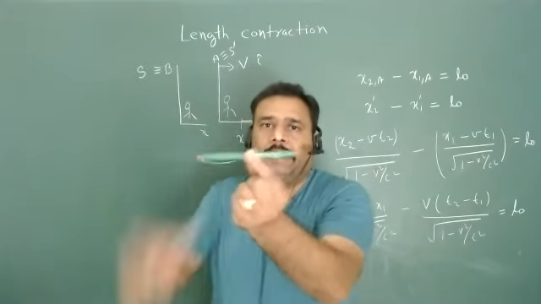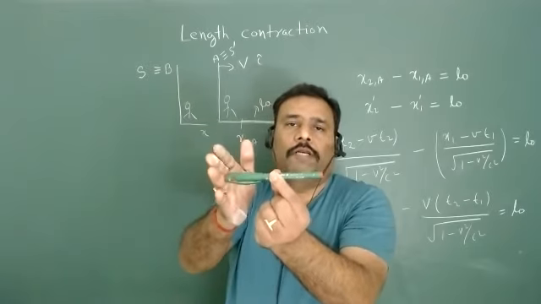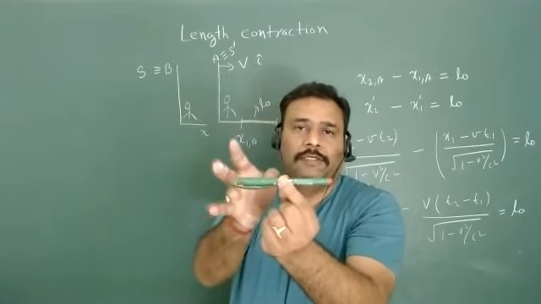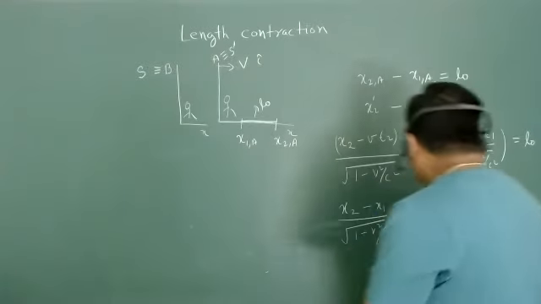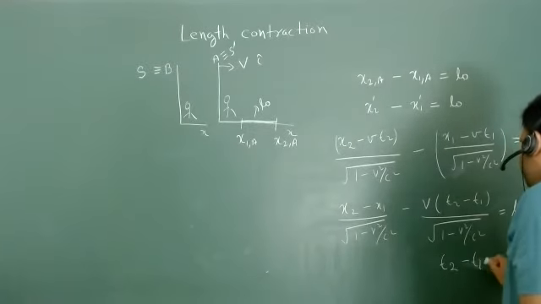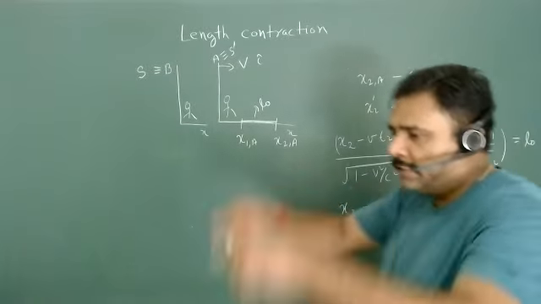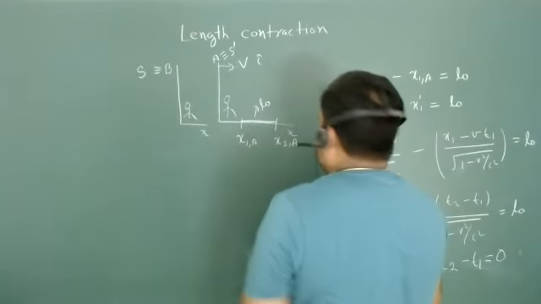This is moving and I just want to see what the appeared length will be at the same time. Appeared length means I can see these two lengths simultaneously. So when we see these two lengths simultaneously, then t2 minus t1 is equal to 0. We have to do it at the same time because we are sitting here and it is moving with respect to us.